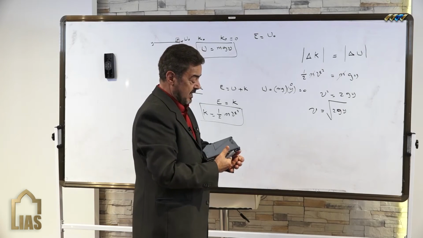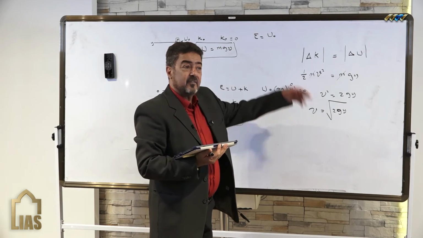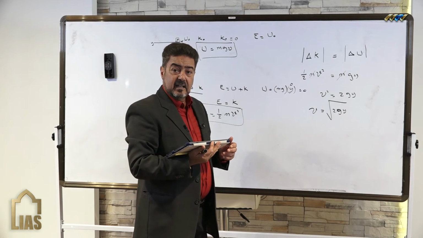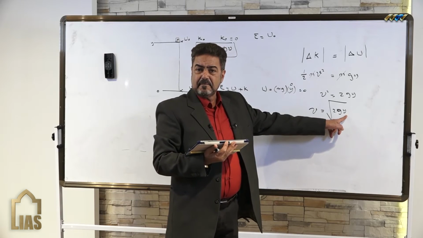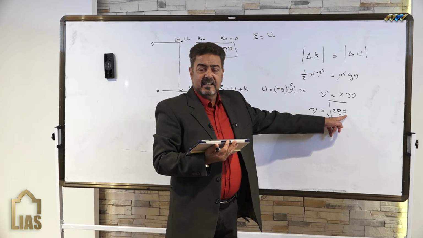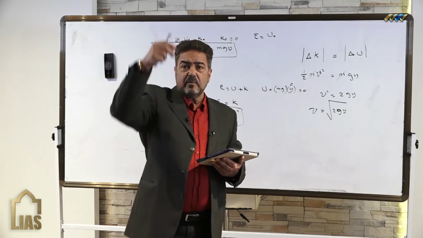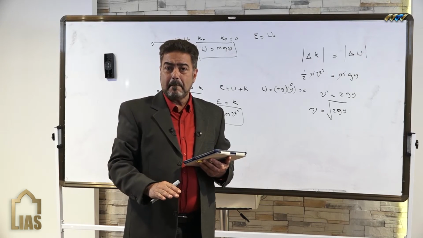Now, the velocity of a dropped body or mass depends only on y. There's no mass. And you see on TV, when they drop different things, they come to the ground in the same time.